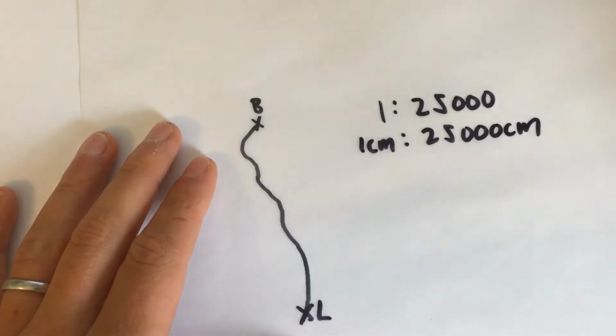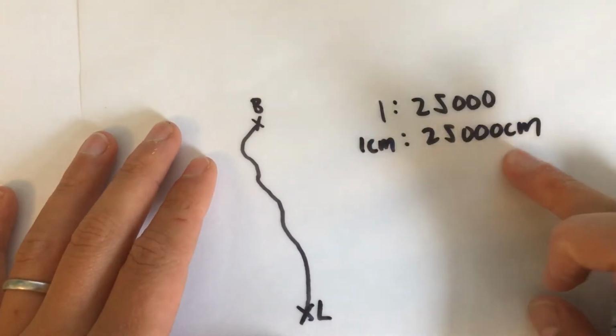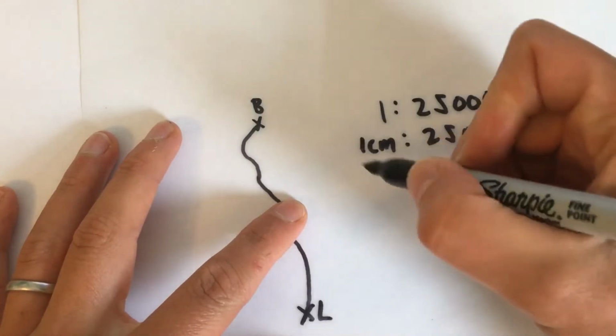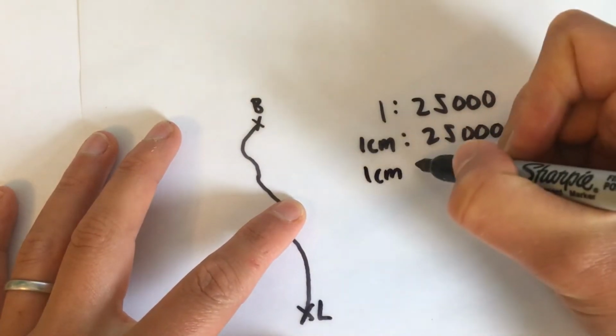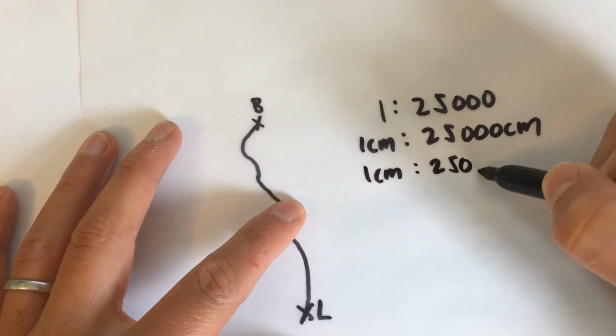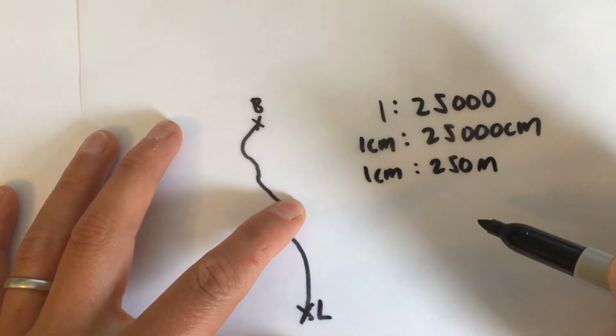And as I said before, nobody says they're going to go on a 25,000 centimetre walk or run. So for large distances in metric values, we tend to use kilometres. So we're going to say that 1 centimetre on the map is equal to 250 metres. This is much more useful.